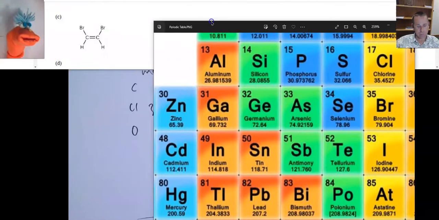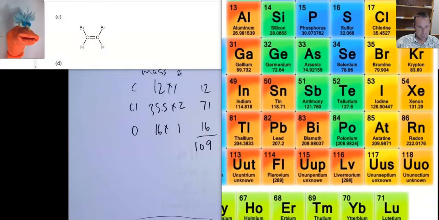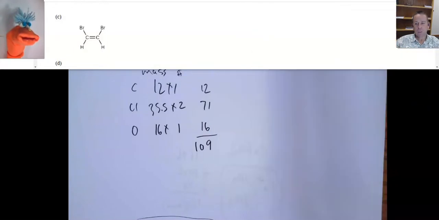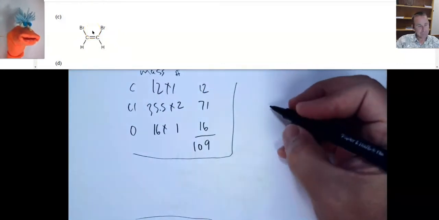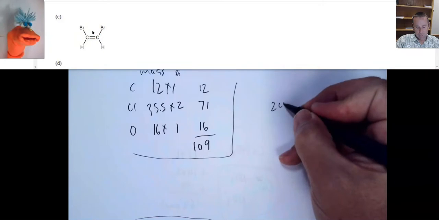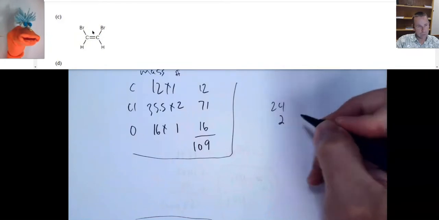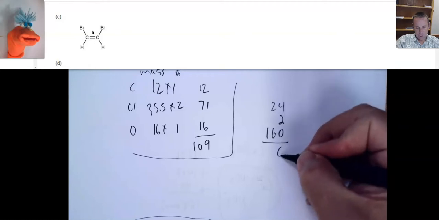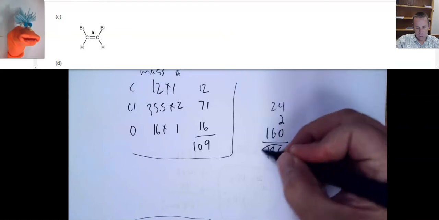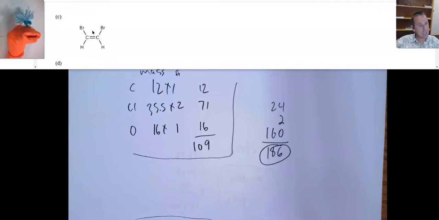So 160. That's right. So we have for this compound here, 2 carbons, 24, 2 hydrogens, 2, and then 160 for the 2 bromines. So 186 is the mass for 1 unit of that.